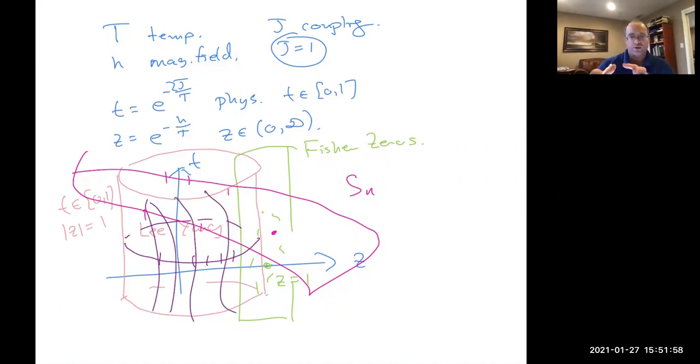So you can look at the Fisher zeros just in the complex plane. You can look at the Lee-Yang zeros either at a given height or on the whole cylinder, in which case they become a lamination. Or you can look in all of C2 at these algebraic curves, and they all fit together.